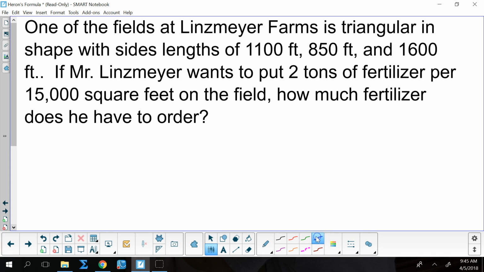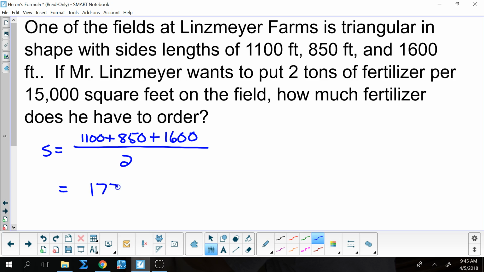So first we said we have to find the semi-perimeter. So that's going to be 1,100 plus 850 plus 1,600. And then that's all going to be divided by 2. So that gives me a semi-perimeter of 1,775.